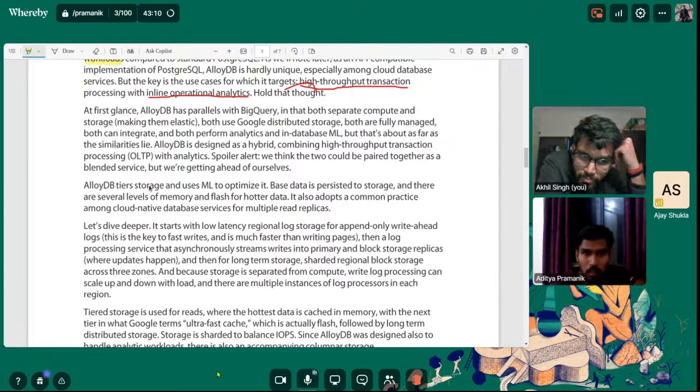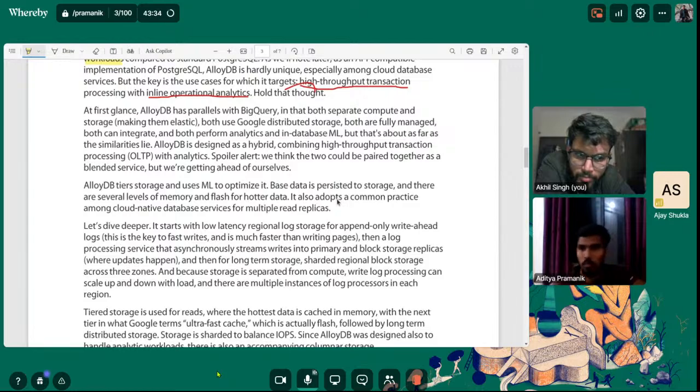AlloyDB storage uses ML-optimized base data processed storage, and there are several levels of memory and flash for hotter data. It also adopts a common practice among cloud-native database services for multiple replicas. So here it's saying that whatever data is stored is not directly dumped into the disks.